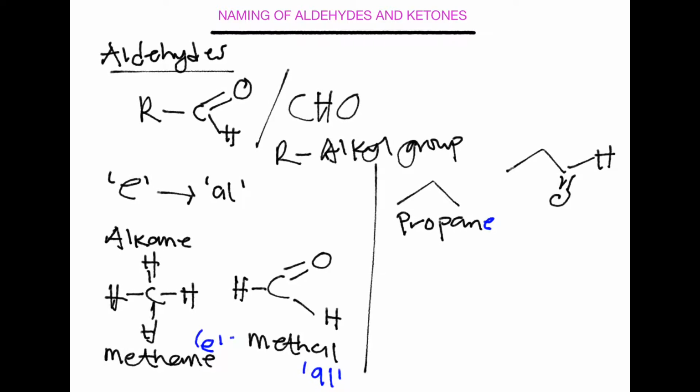It is no longer going to be propane. Just remember that we are counting the longest chain. So in this case, because we have a functional group aldehyde there, which is a carbonyl, we're going to count these to be our 1, our 2, our 3, just as we counted in propane. So instead of propane, we're going to have propanal.